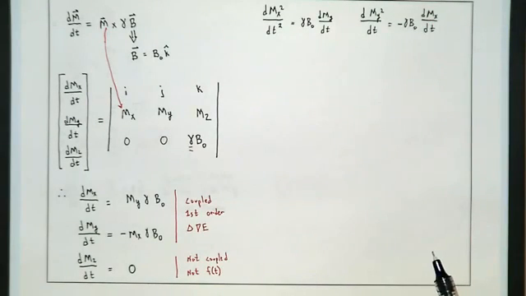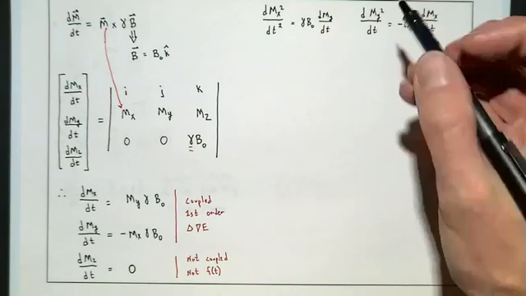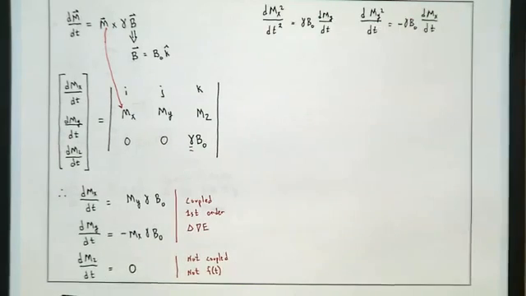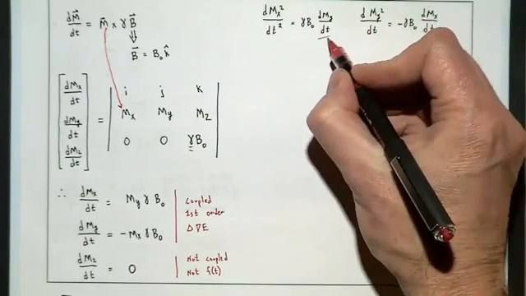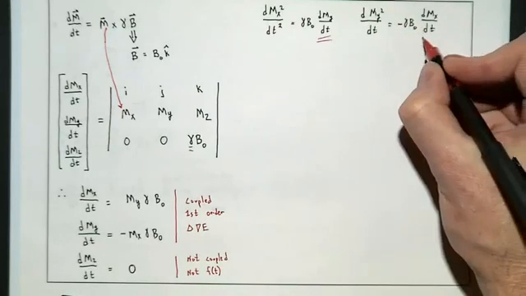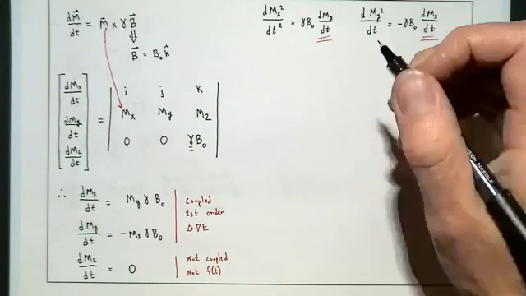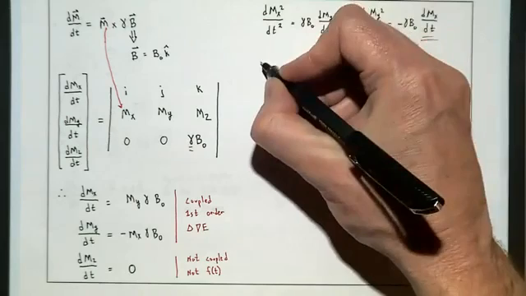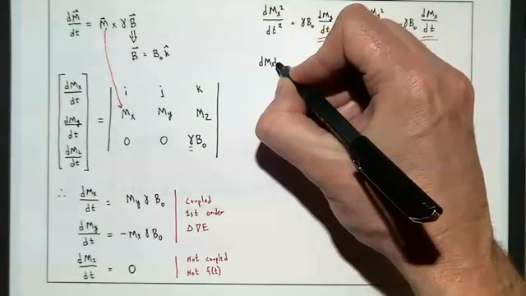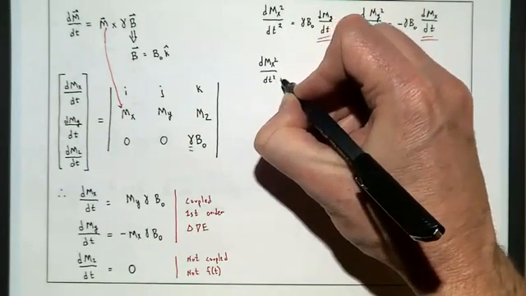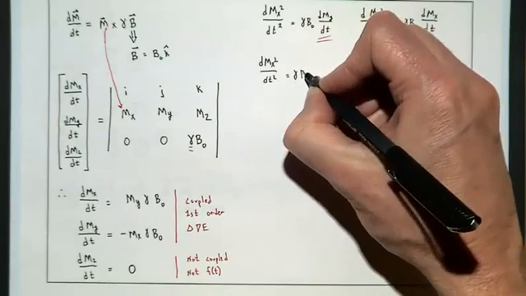So that helped a little bit, and what it really helped is that now I can make a substitution into either of these terms, right? This term here, I have another expression for, and this term here, I have another expression for. They're the first order expressions that I had. And so I'm going to keep the left-hand side. I just have that d²Mx/dt² is equal to gamma B0.